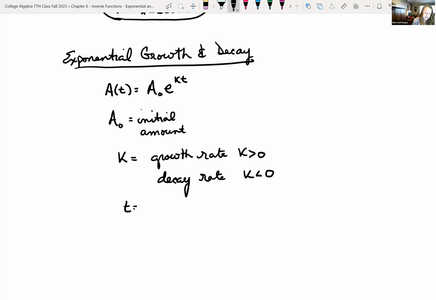And t is equal to our time. And then A sub t would be the amount that we would have with those conditions.